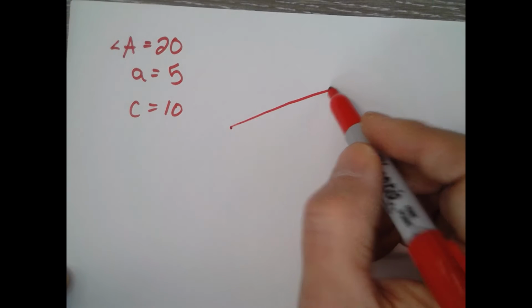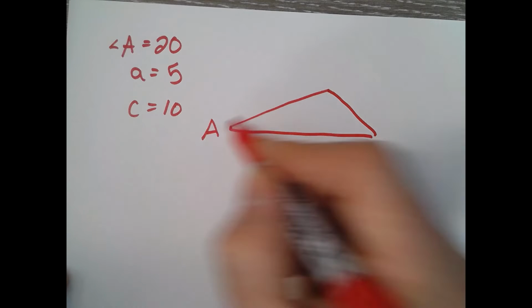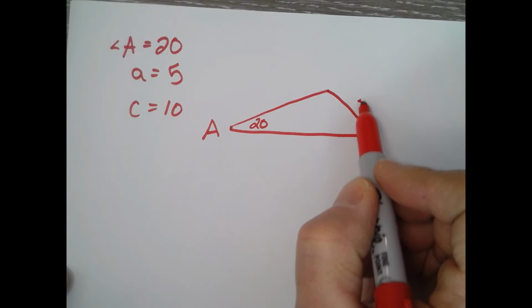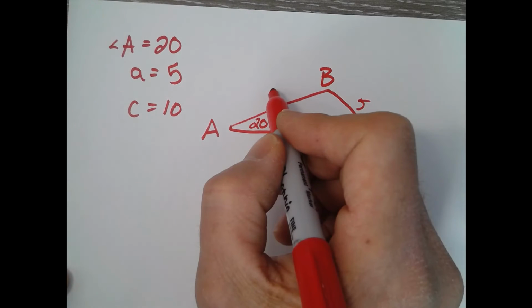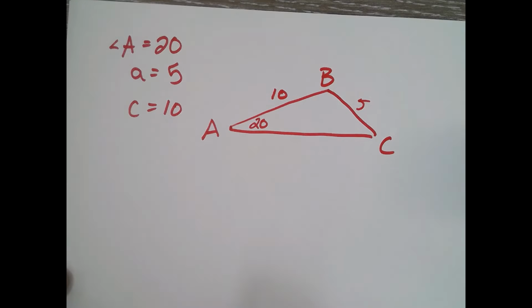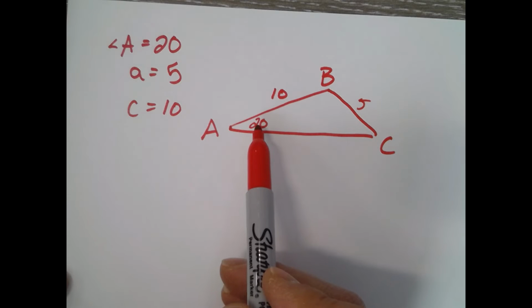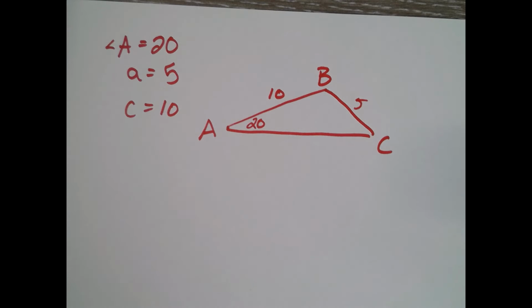So let's go like this. I'll go A, which is 20, and this is 5, and B and C, which is 10. So this is a side-side angle scenario. Go ahead and make some progress on that one, and I'll join you in a second.